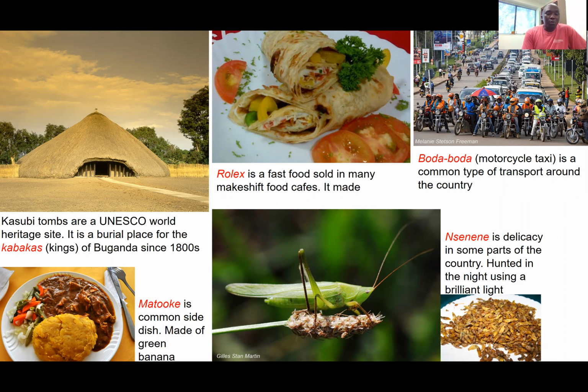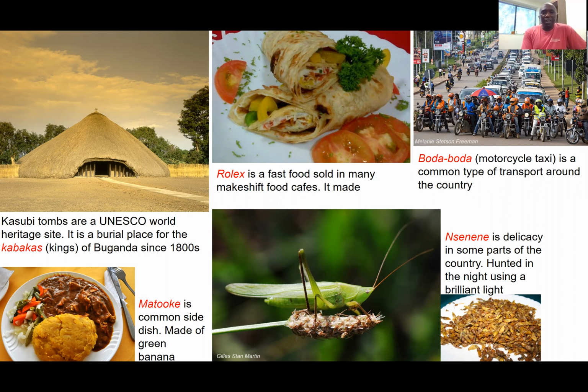They are called the Kasubi tombs, and they've been there for about 200 years. They are the burial tombs for the Kabakas, all kings of Uganda, and all the kings who have died are usually buried on those grounds. It's a very elegant grass thatched house, as you can see.